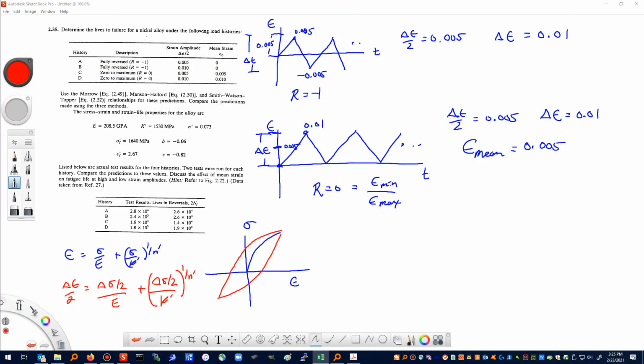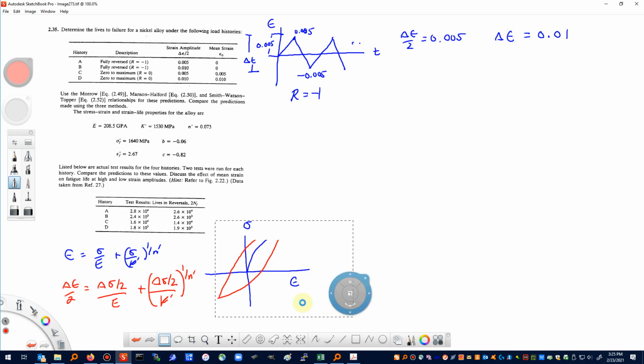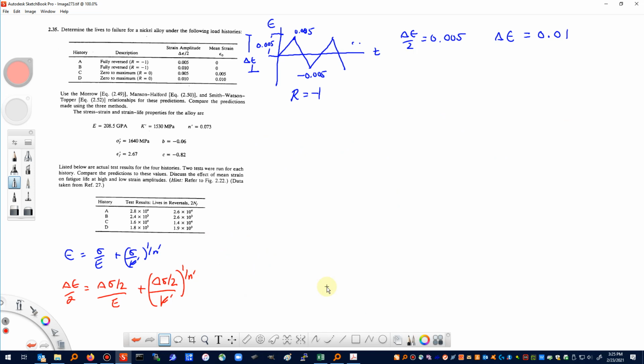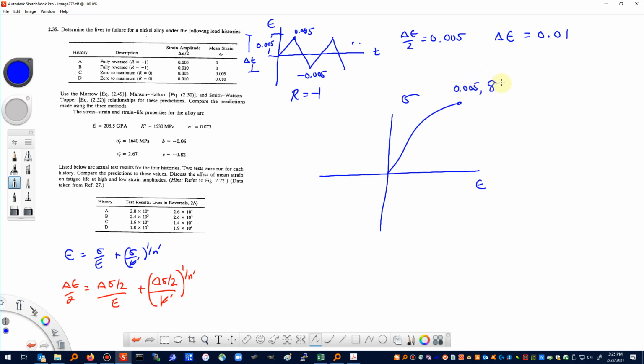Let's make a new page. So this is going to be 0.005 and 899. This is from the blue equation, the initial curve.